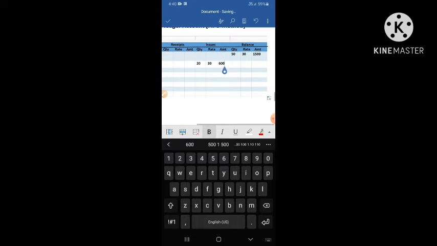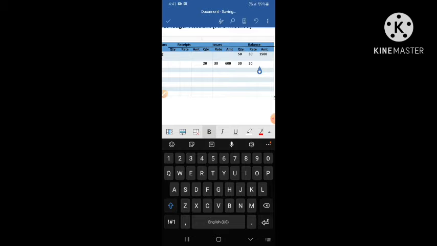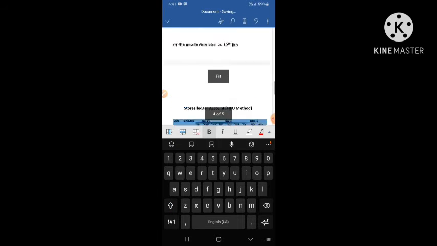The balance should be shown in the balance column. Since this is a FIFO method, we should issue the first 20 units. Here there are only 50 units, and the 50 units are at rupees 30 per unit, so there is no problem about that. If in case they gave 2 or 3 different rates, we should issue the first 20 units. So balance is 30 at 30 per unit equal to 900.